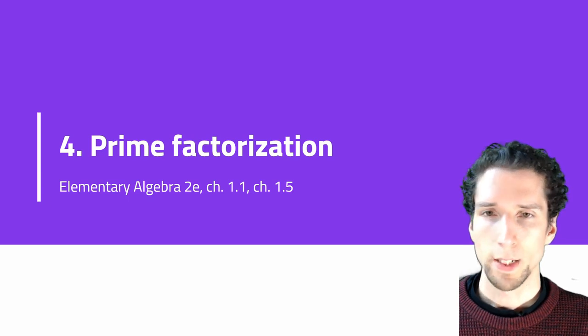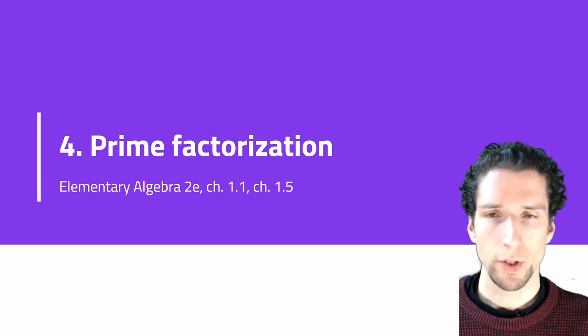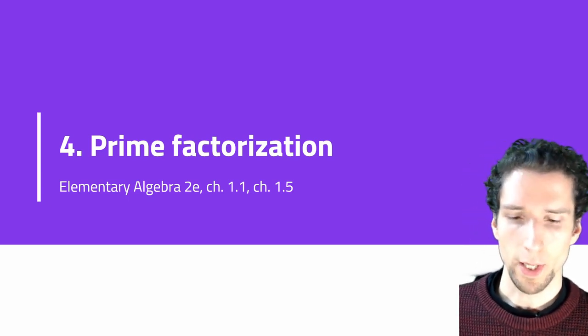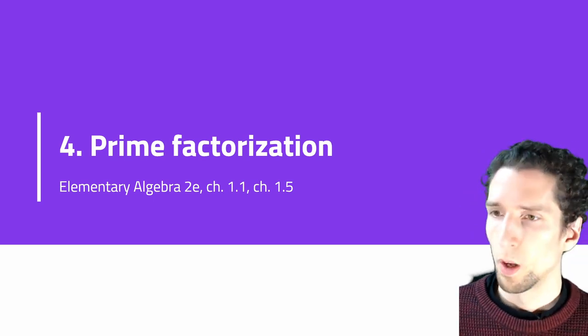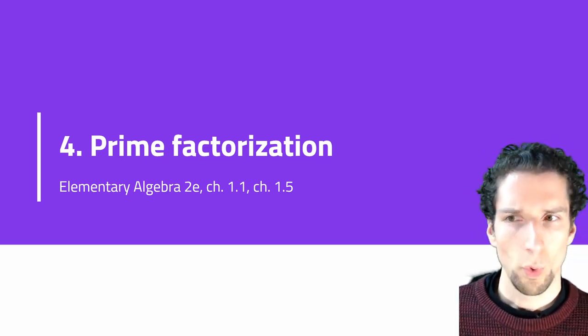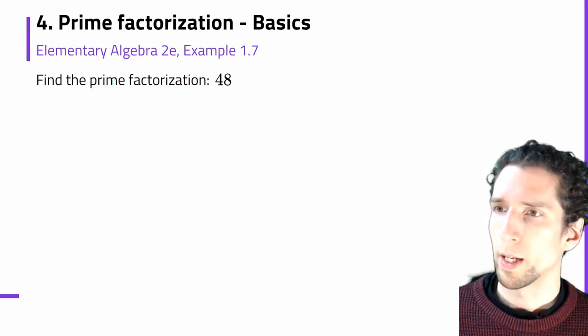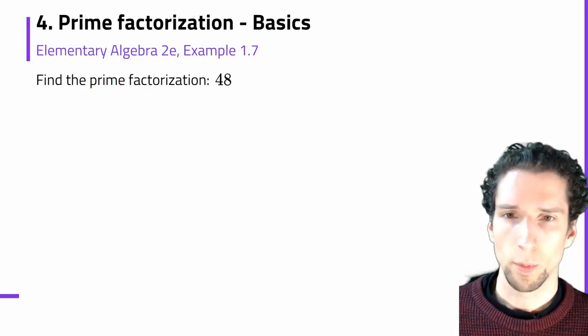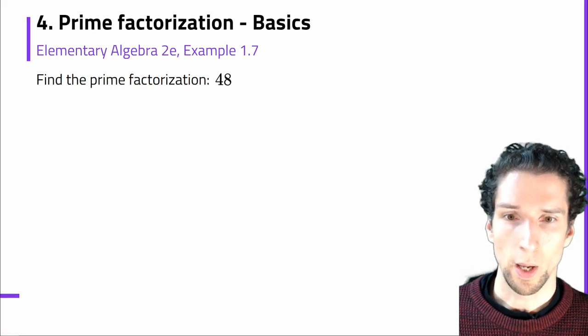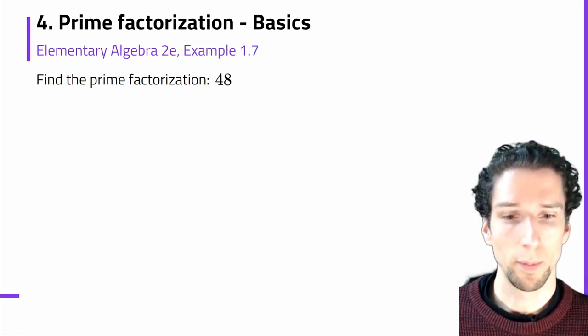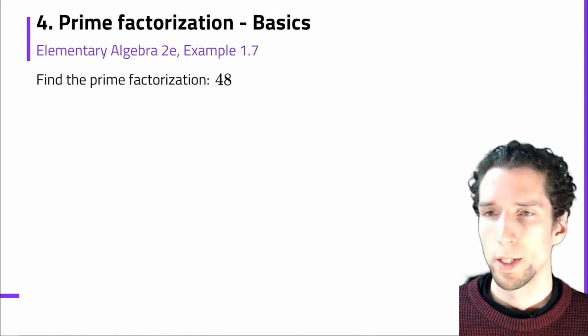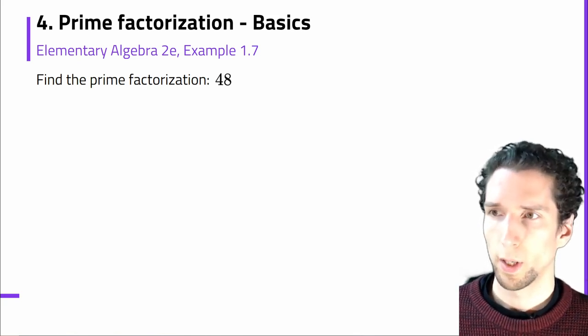Okay, so the next set of questions is about prime factorization. We'll have 4 sets in here, I think. So the first thing that we'll talk about is just what prime factorization is. So not really tricky.